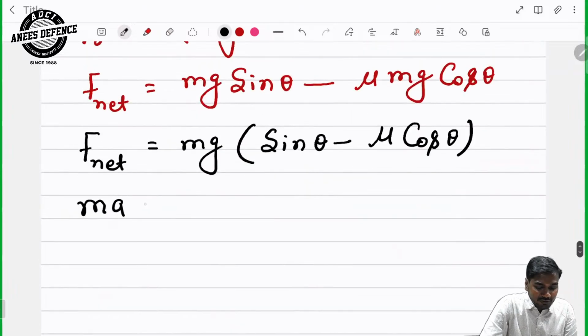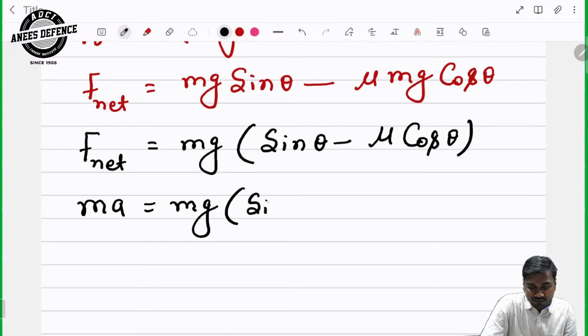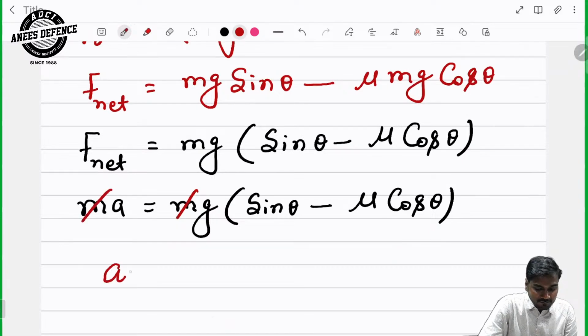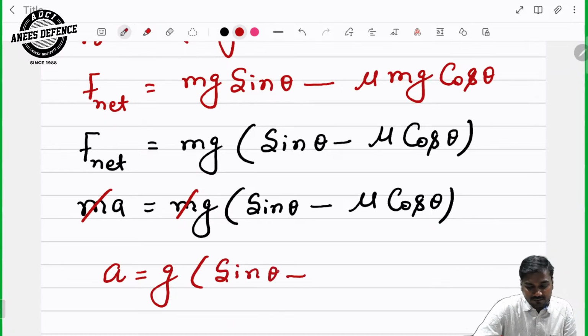So you can write m into A is equal to mg into sin theta minus mu cos theta. Cancel the mass. So what are you getting? Acceleration is equal to g into sin theta minus mu cos theta.